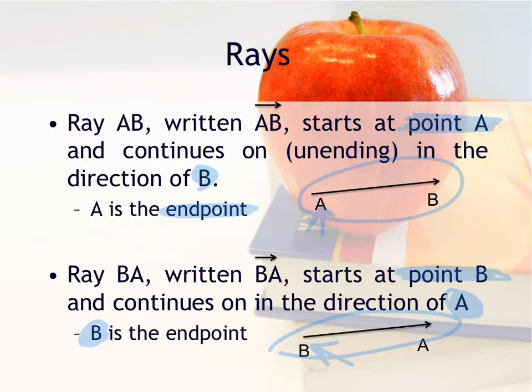We will be using this naming throughout the course, especially when we get into the different figures. Most of the figures will be created with line segments. Our angles will be created with rays. Any questions on rays? Okay.